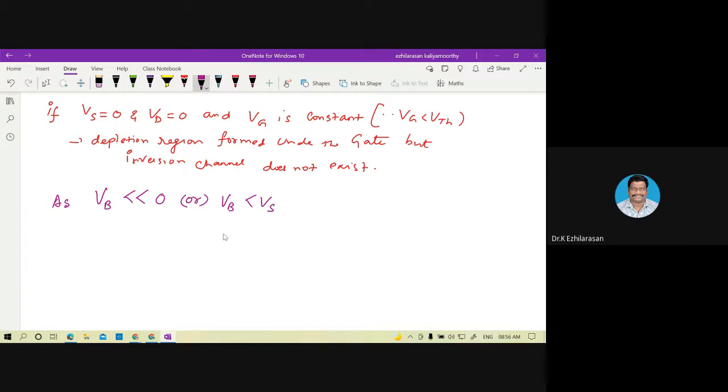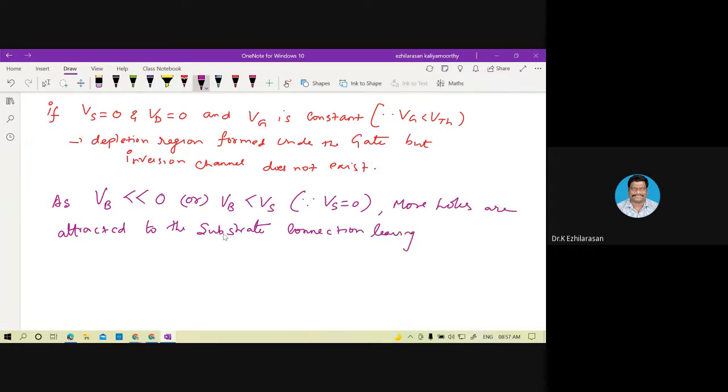If it is less, then more holes are attracted to the substrate connection, leaving a larger negatively charged ion region behind.